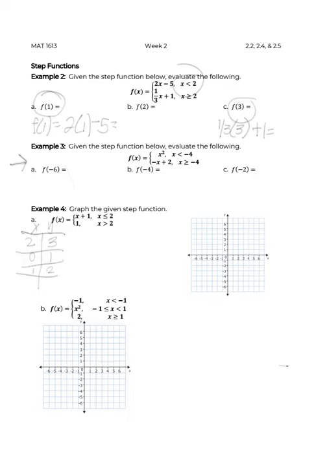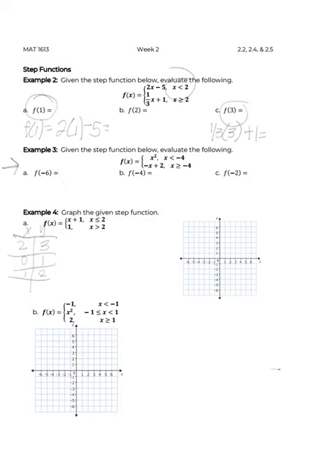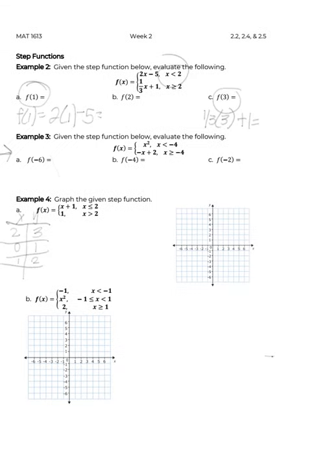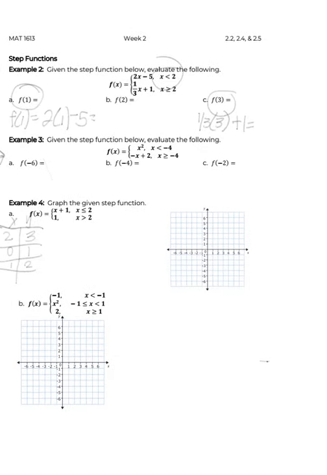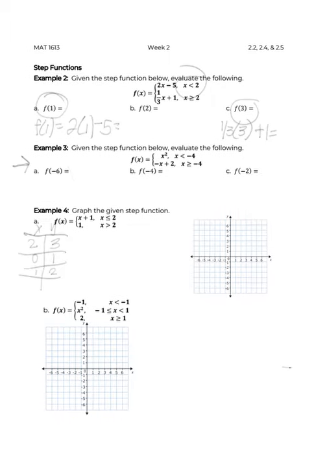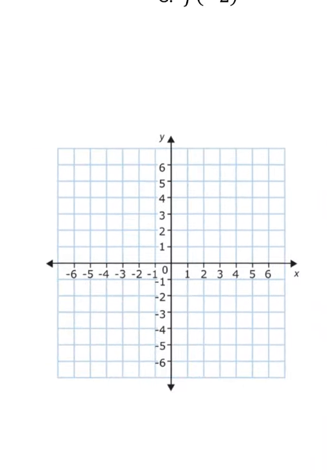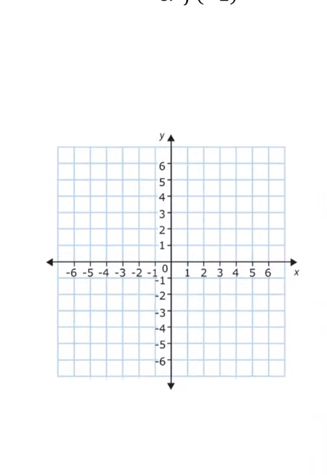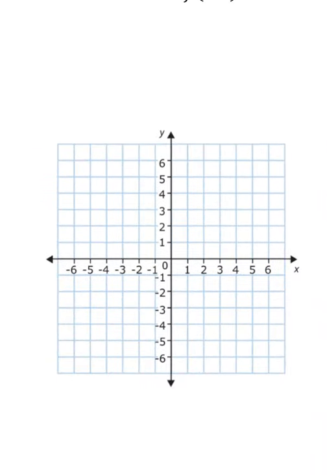So 2, 3. Let me zoom in here. There we go. 2, 3. And 1, 2.